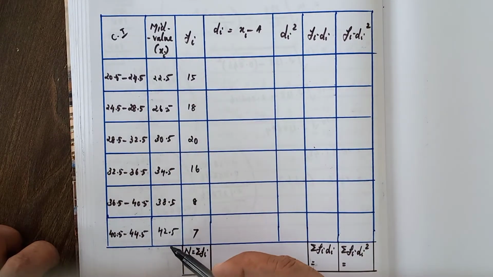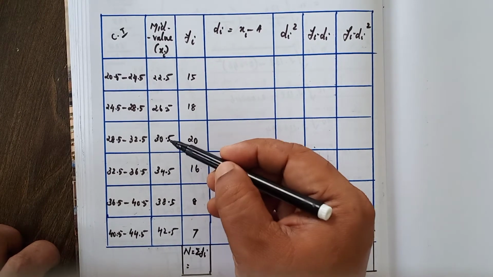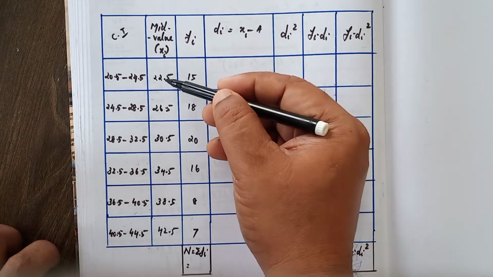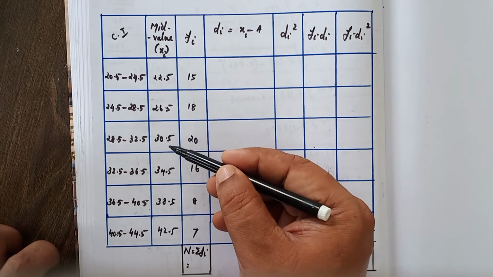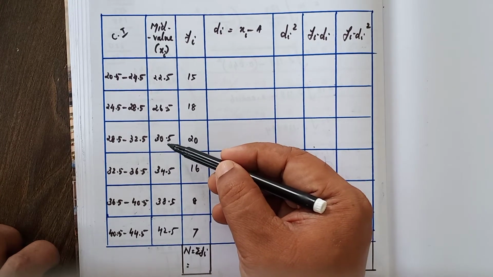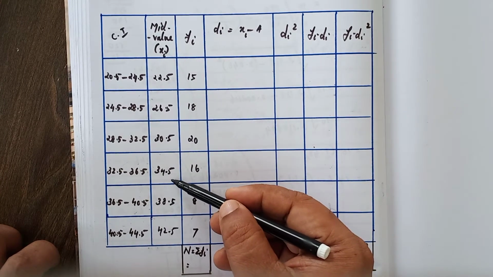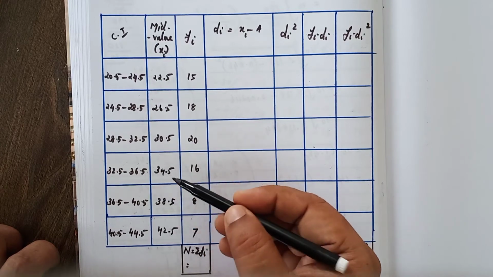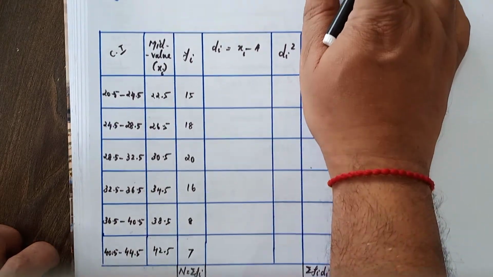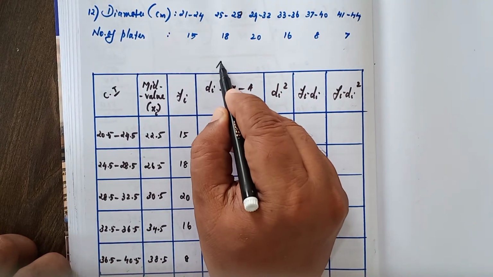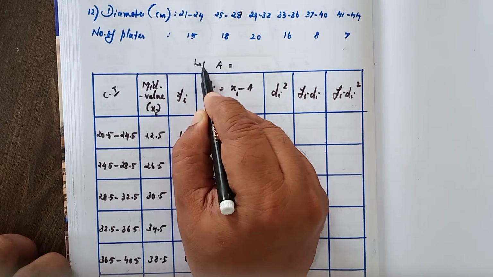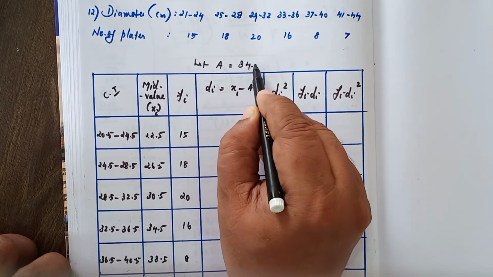In xi we have two middle numbers, 30.5 and 34.5. Consider any one of them. I go for 34.5. Let A be equal to 34.5.